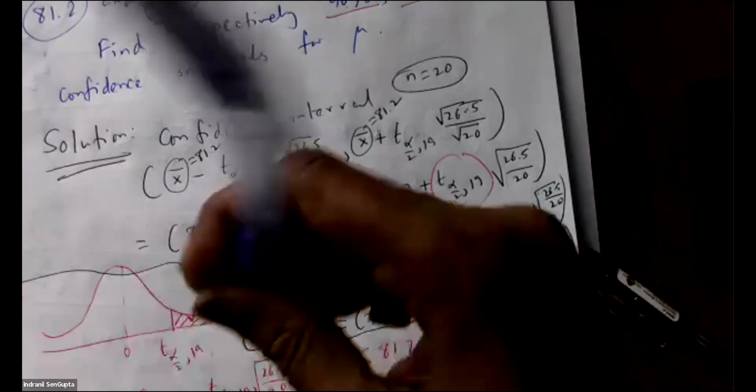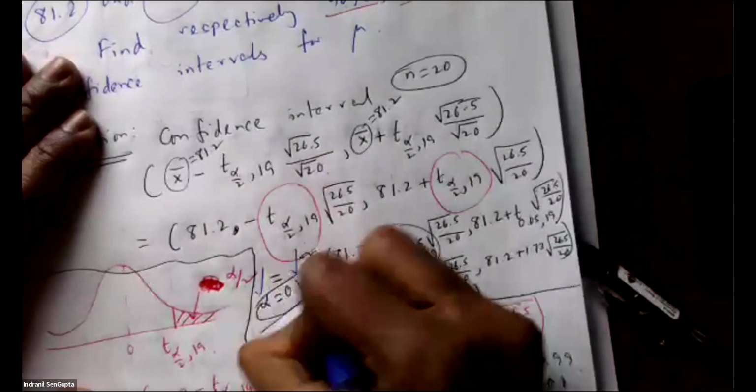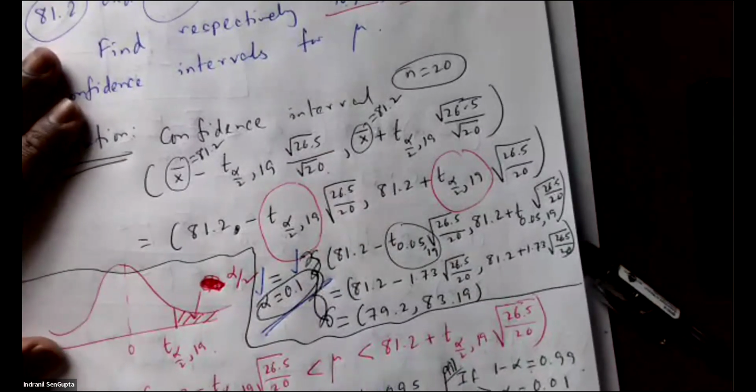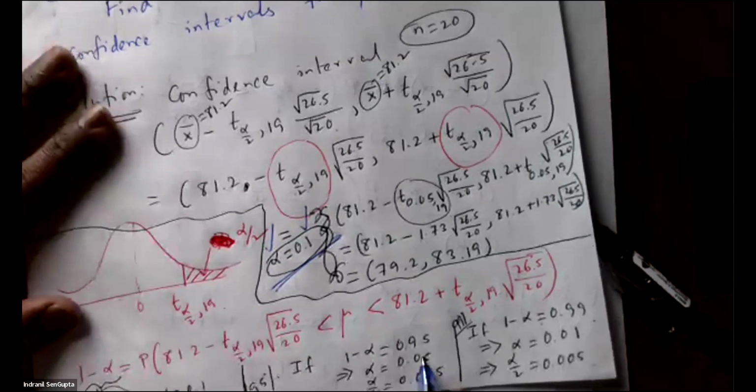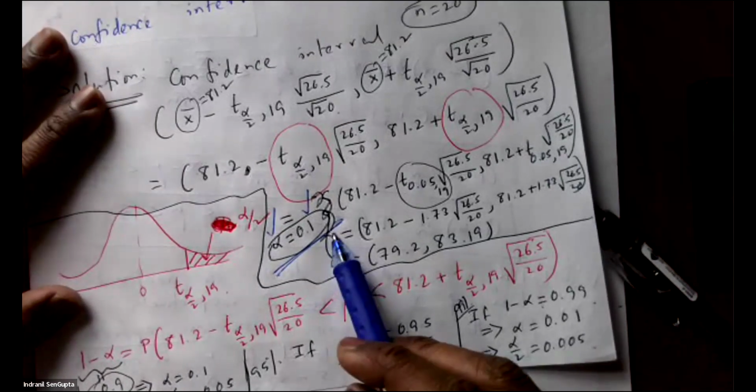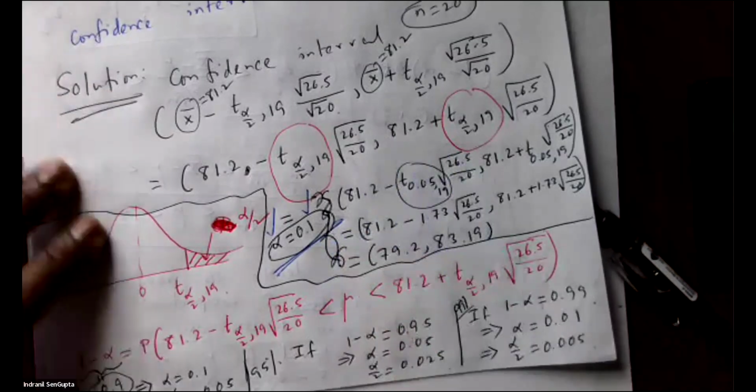So this is what we have done for alpha equals 0.1. Now for the next one, alpha equals 0.05, that is a 95% confidence interval case. I have to just change the calculation accordingly.